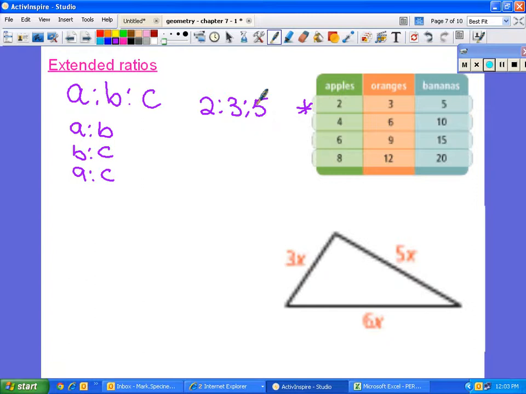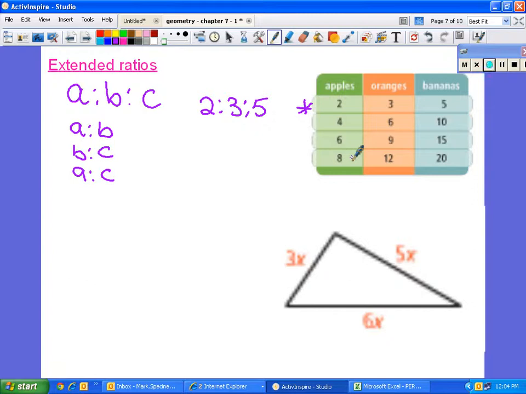Now, one thing you need to be careful of is this is all multiplication. 2 is kind of tricky because, yeah, you could say, yeah, 2 plus 2 is 4. So why don't I add 2 oranges and add 2 bananas? The answer is that ratios deal with multiplication. They don't deal with addition. So we're not adding 2 apples.